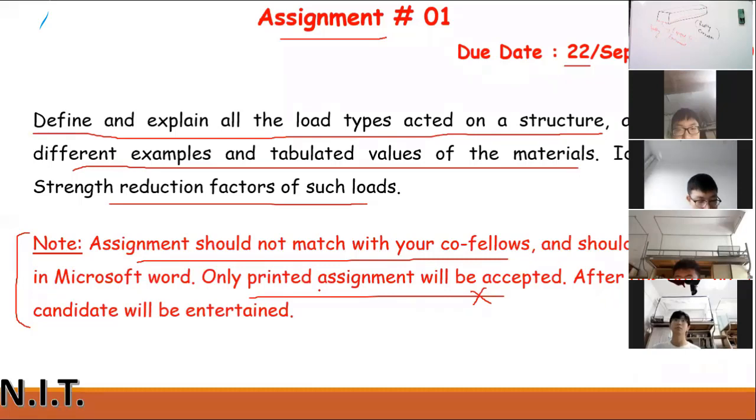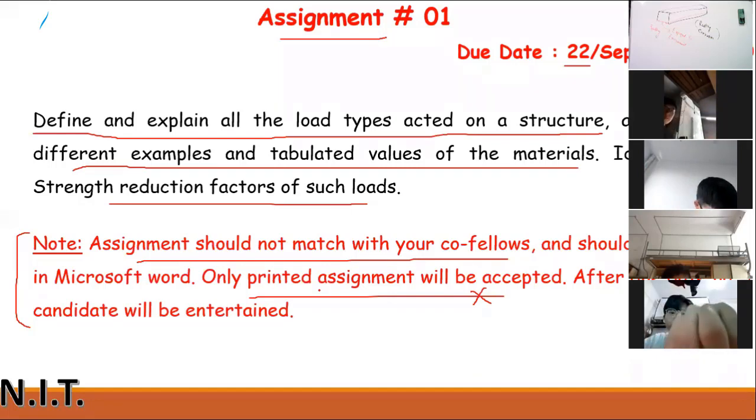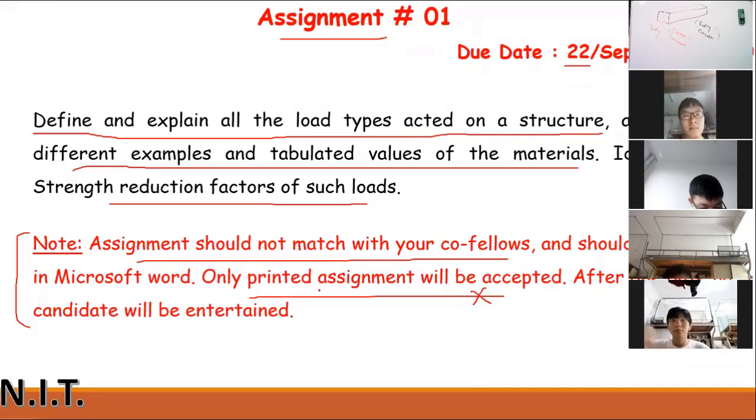If you study my lecture, you don't need to do internet research. Just study my lecture and you will find the answer to this assignment.